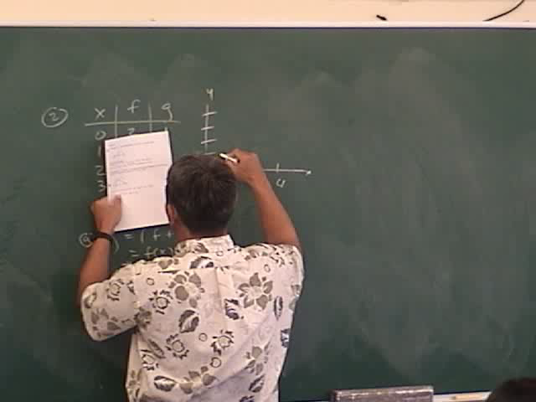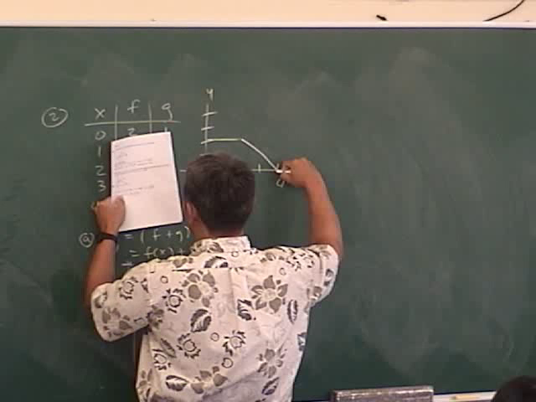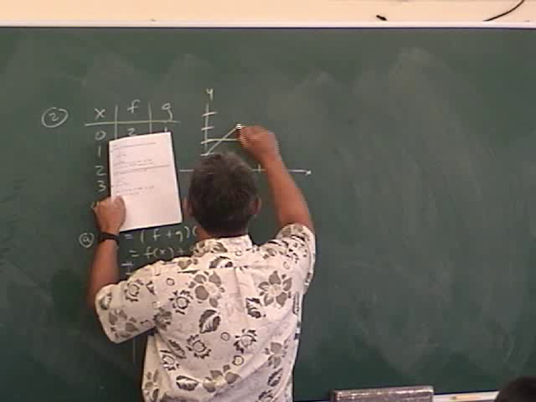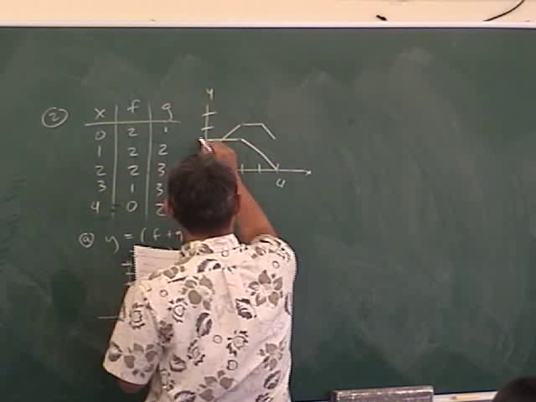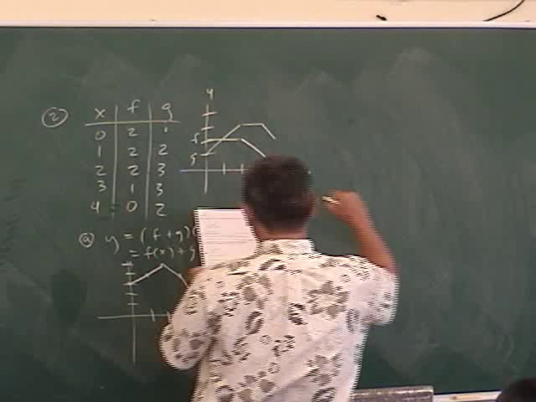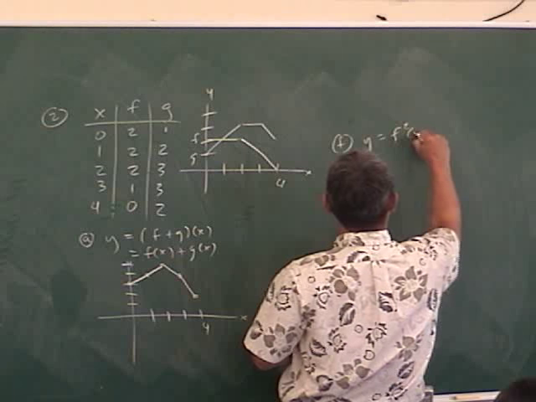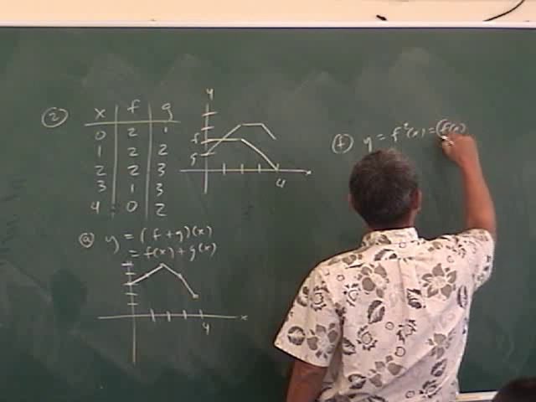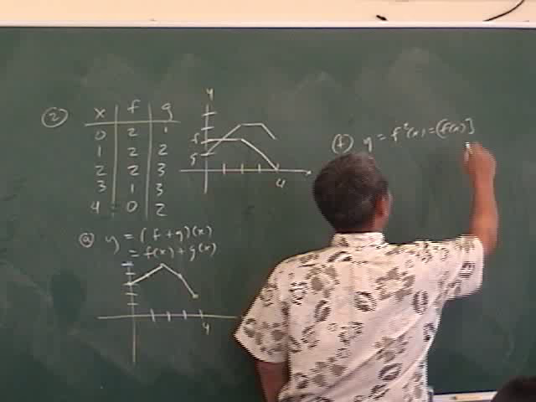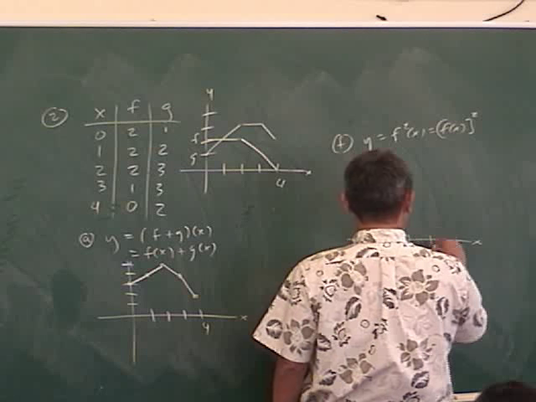F goes like this, and then G goes like this. Okay. This is F, this is G. Okay, we're doing F. Graph y equals f squared of x. What does that mean? That means f of x squared. Basically, you just square all the y coordinates on the graph.